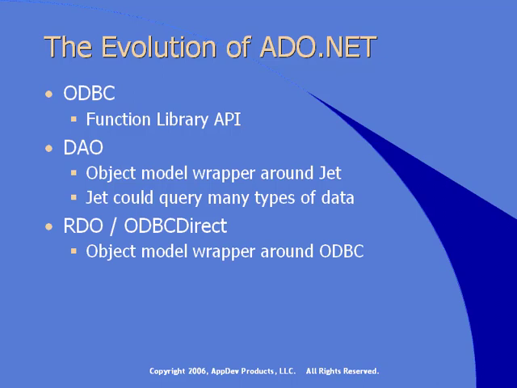And so this was just an object model wrapper around ODBC. ODBC continued throughout this time to really be the only way to get at server databases like Oracle and SQL Server and DB2 and so on. Whether you were working through DAO or RDO or ODBC Direct, you were ultimately using the function libraries behind the scenes that were part of ODBC.